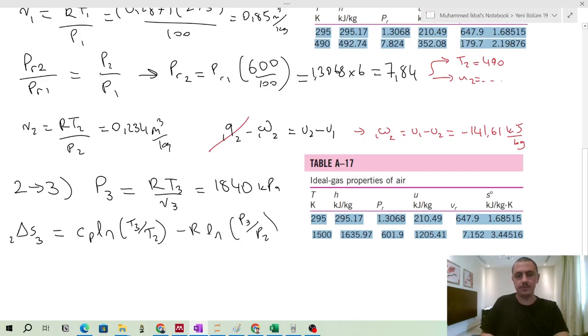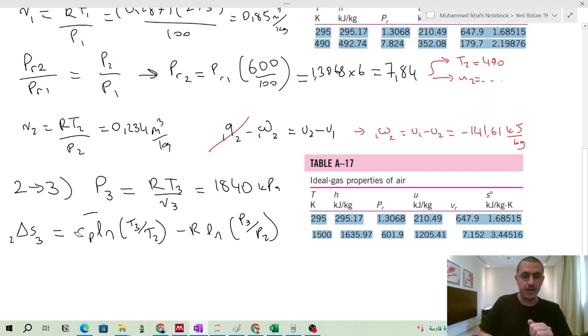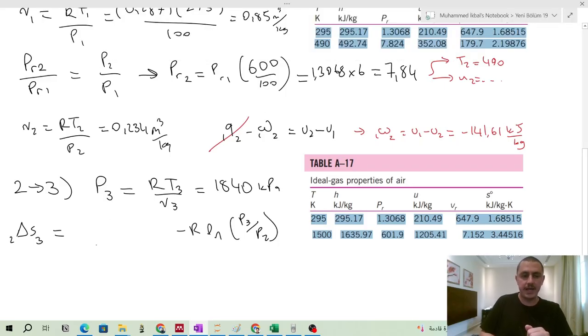But I have a problem here: this Cp value is changing with temperature, and it's a variable specific heat. For a high temperature range, I cannot use it. As the question already mentioned, you don't use specific heat as a constant value. So I will change this to something else, which is known from the table. Cp ln temperature ratio is equal to S naught values.